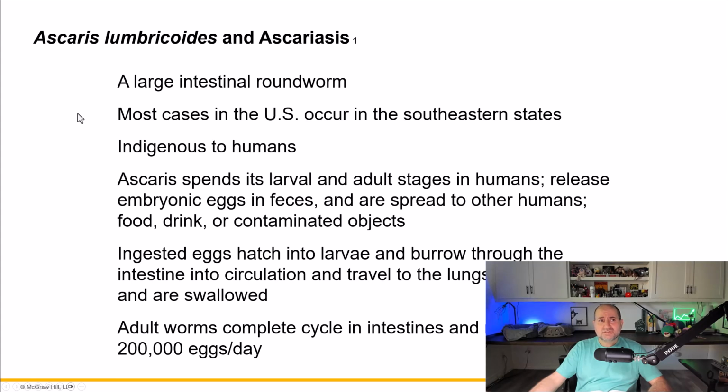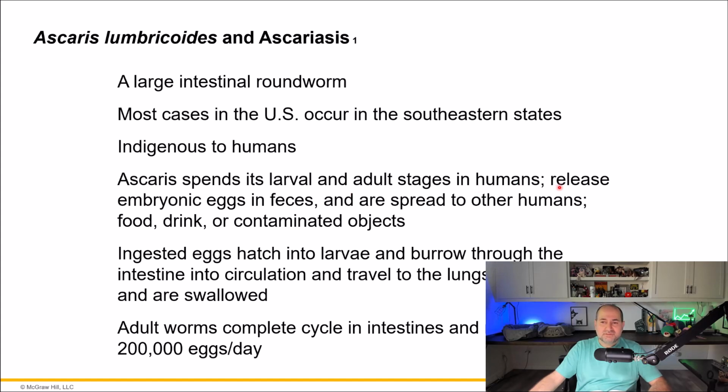Let's talk about Ascaris lumbricoides, and it causes Ascariasis, a large intestinal roundworm. Most cases in the U.S. occur in the southeastern states. It's indigenous to humans. Ascaris spends its larval and adult stages in humans.